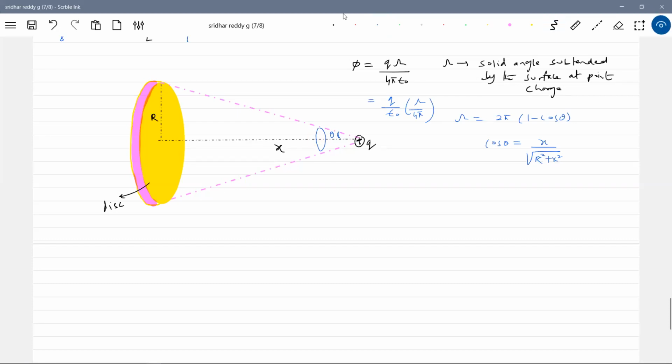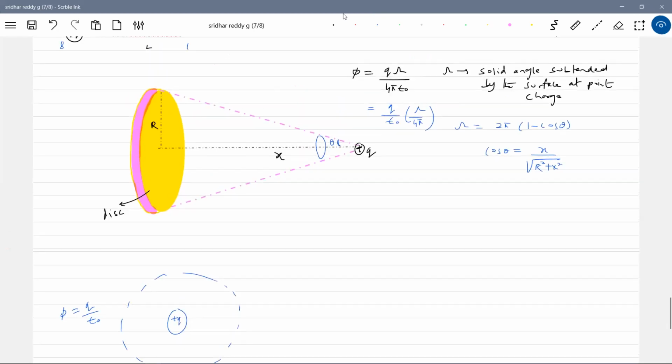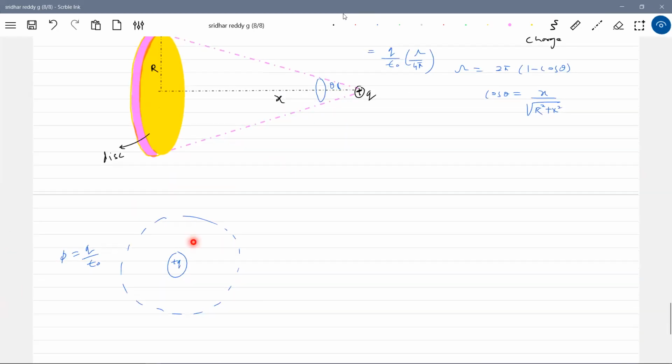Now, if you imagine this point charge present in a solid sphere, what is the flux linking this? You are going to write Q by epsilon naught. Then what is the solid angle for this? It will become 4 pi. So the solid angle for a spherical surface will be 4 pi.